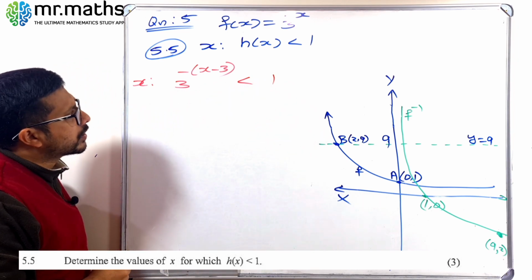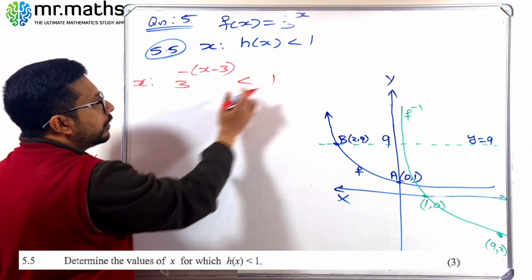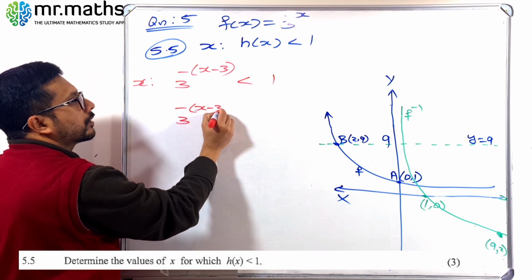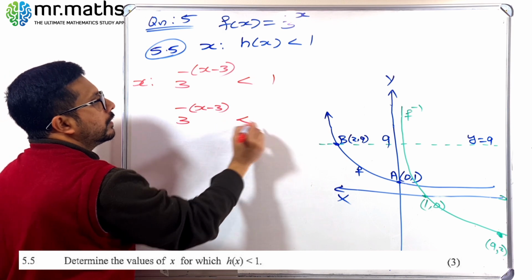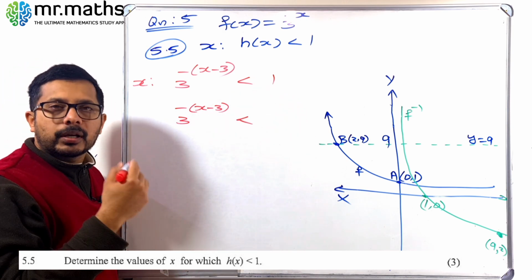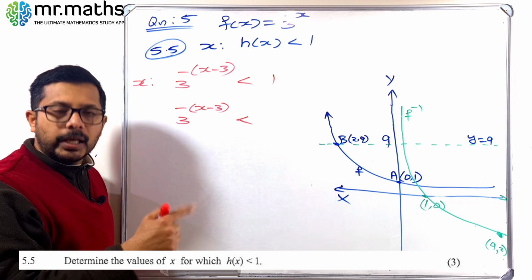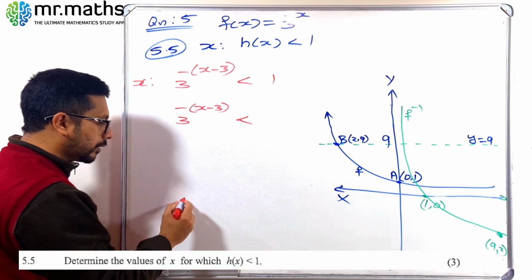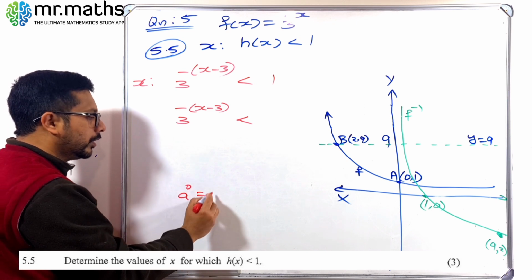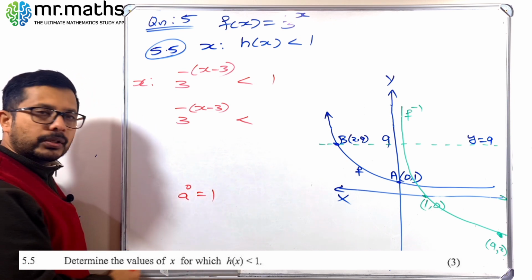Okay, so it's a simple question. Look at how I am going to write. 3 raised to minus of x minus 3 is less than 1. Here this 1 we can write as any number raised to 0 is 1. Am I right? Any number raised to 0, in the exponential rules you studied this, a raised to 0 is 1.